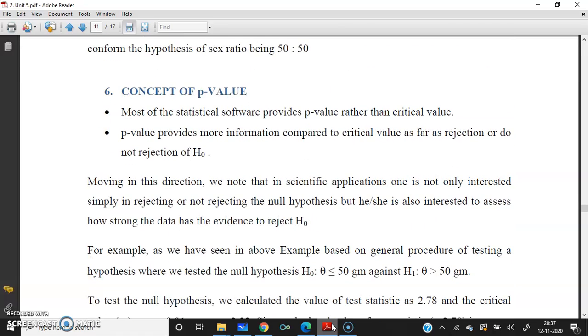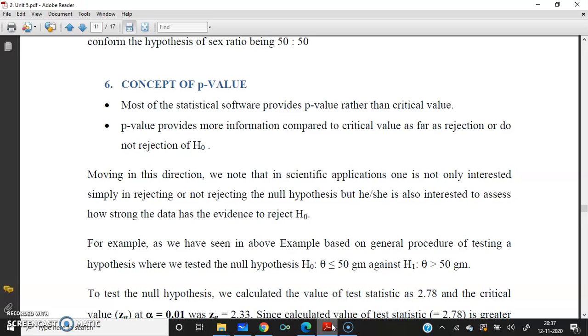Nowadays, p-value is used more than our 0.05 level of significance and 0.01 level of significance. If you use any statistics software or an online calculator, it gives you the p-value. Most statistical software provides p-value rather than the critical value, so we are not using critical value nowadays.